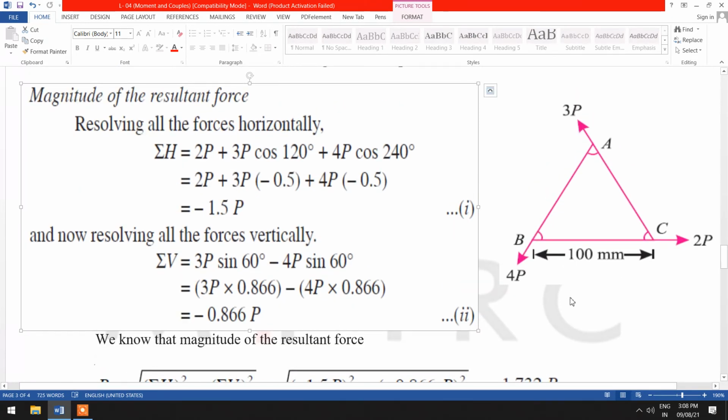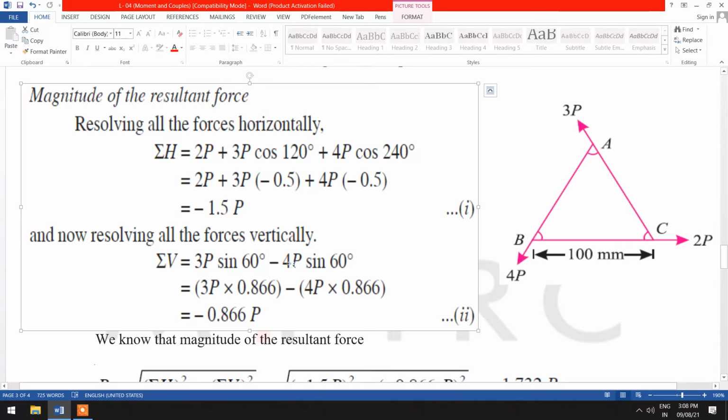Right. Now after that we will resolve the forces in the vertical component. Again we will take the reference of the same figure. So 3P sin 60 degrees minus 4P sin 60 degrees. At point A, 3P sin 60 degrees is the vertical component of this force, minus at point B we will get 4P sin 60 degrees along the vertical direction.